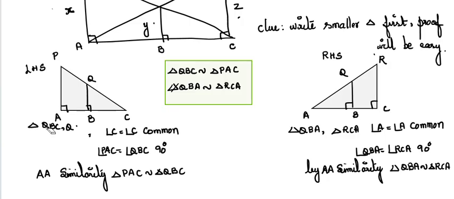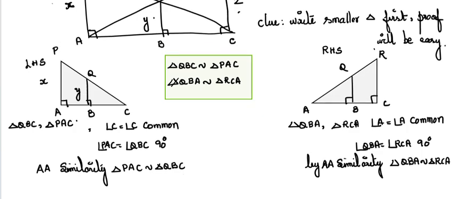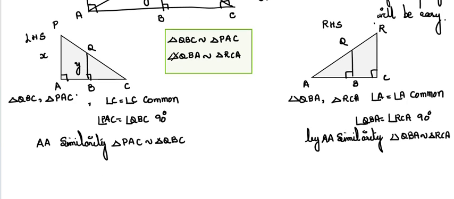That is where the lag starts. Triangle QBC, triangle PAC. Now, this is X, this is Y. So we need X on the base only. So X of the bigger triangle by Y of the smaller triangle is equal to AC by BC.